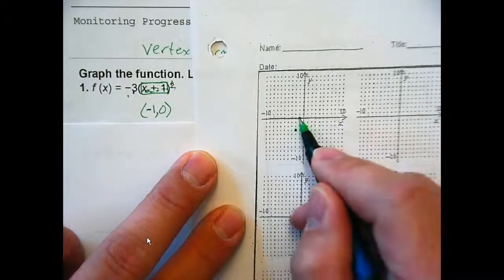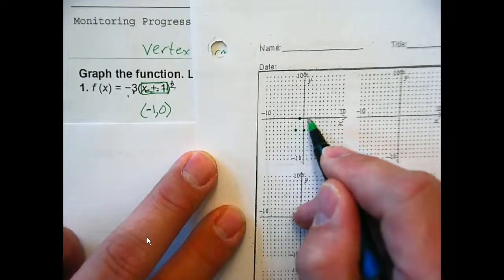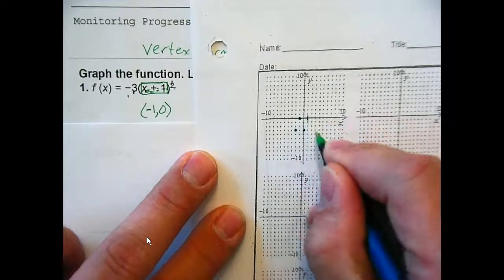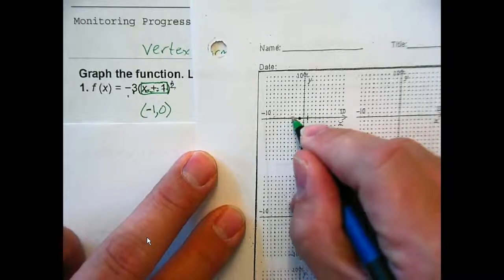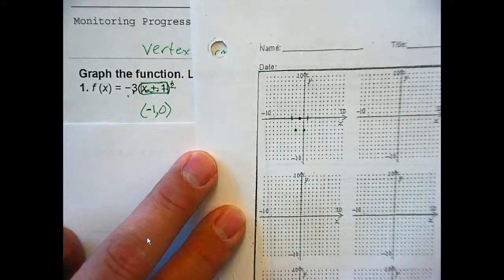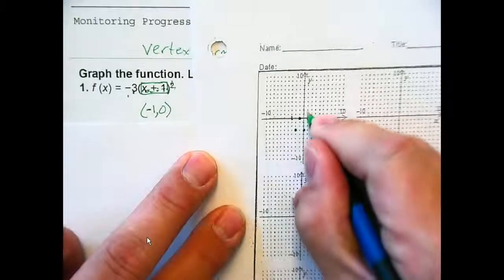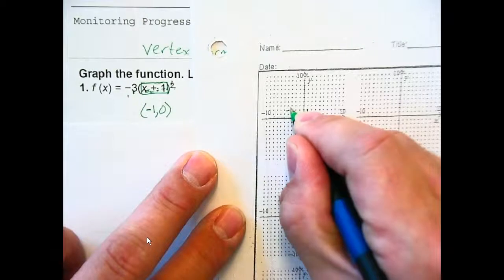I want you to find the next value. So find out what y is when x is 1, and find out what y is when x is negative 3. Okay, 1 and negative 3.